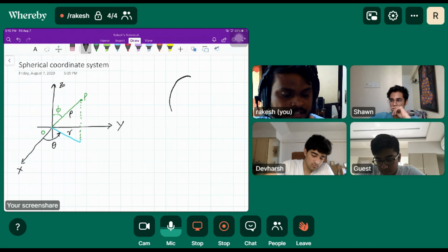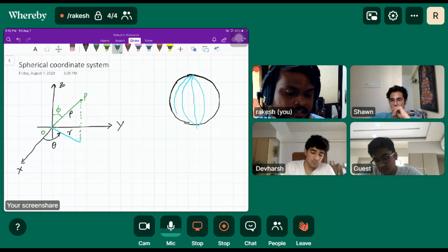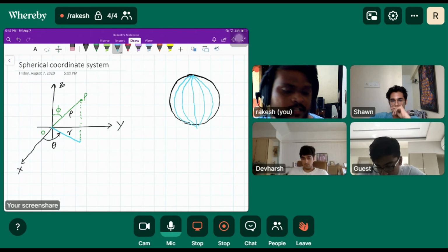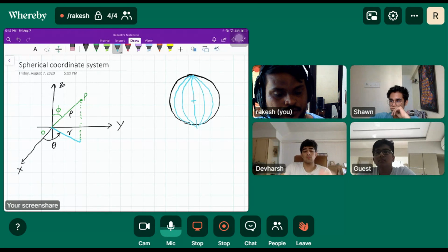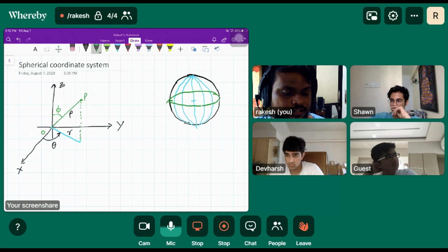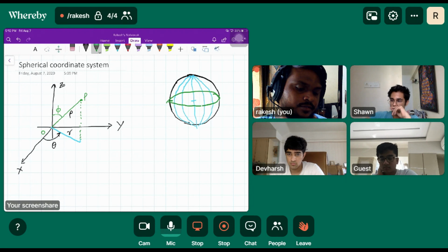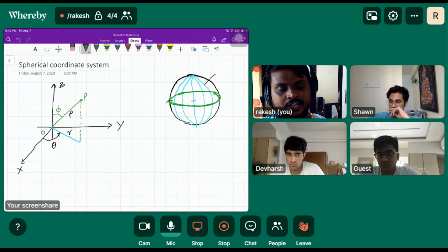Like this is the circle, and then I'll draw its latitude like this, and we can draw the longitude also. This is the longitude of this football. I purposely use the terms latitude and longitude.